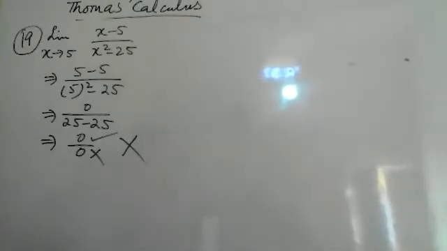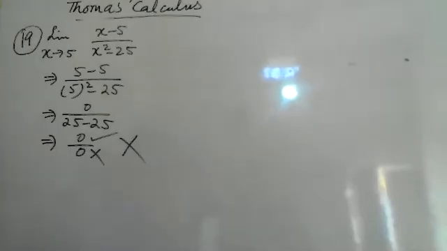What is the other method? We will make the factors of the numerator or the denominator or both, where it is possible. If it is possible in the numerator, we will make the factors of the numerator. If it is possible in the denominator, we will make the factors of the denominator.